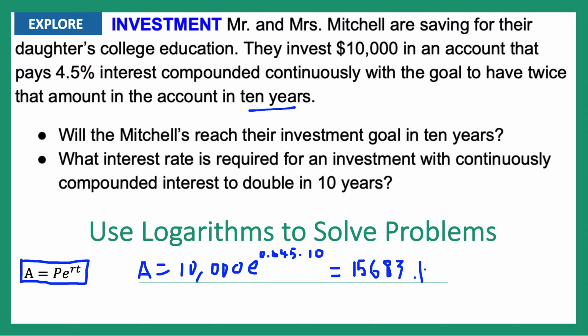But as we see here, this is not doubling the account, it is less. So we already answered this question, they are not reaching their goal.